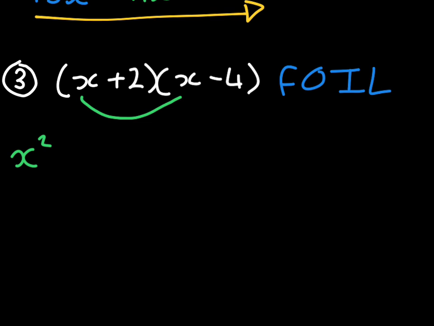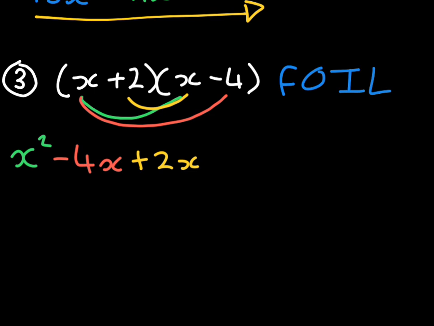Next, O stands for outer, so the outer two terms, x times minus 4 gives us minus 4x. I stands for inner, so we're going to have 2 times x, gives us plus 2x. And then lastly, the letter L, which stands for last, we'll have 2 times negative 4, and that will give us negative 8.